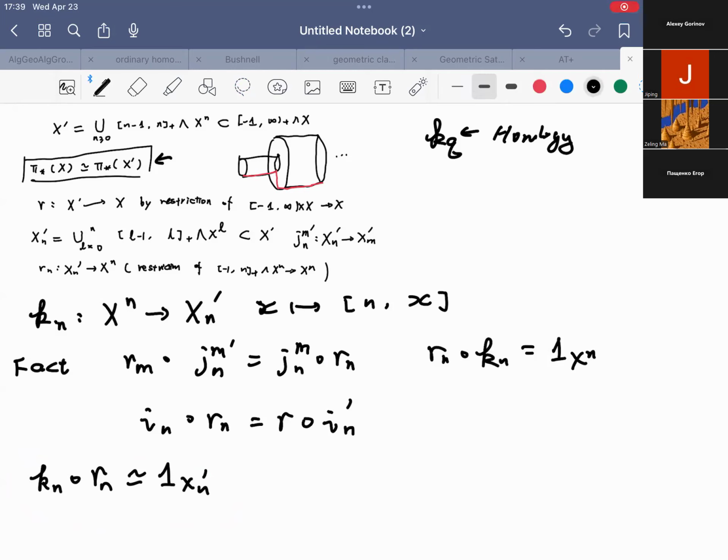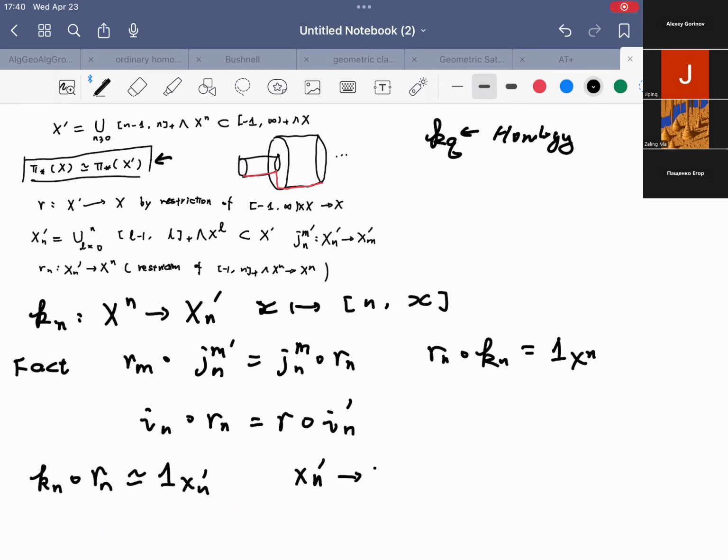I can show this part because it is not easier here. Actually, you can get this homotopy map. Maybe I can first draw a diagram.